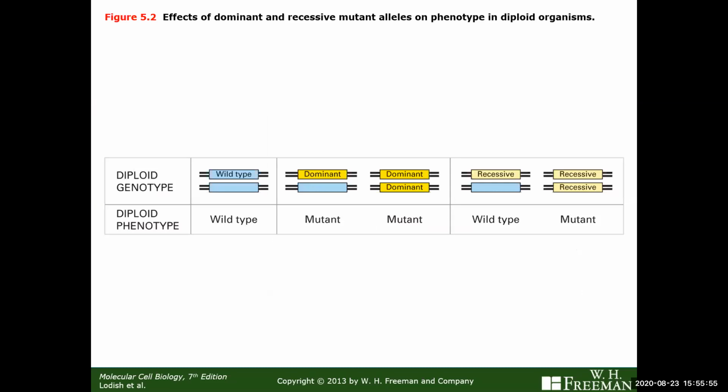Okay, so today in the third lecture, we will get into using mutants to identify genes. When I say mutant, it means that it has properties different from the normal one, which we call the wild type.